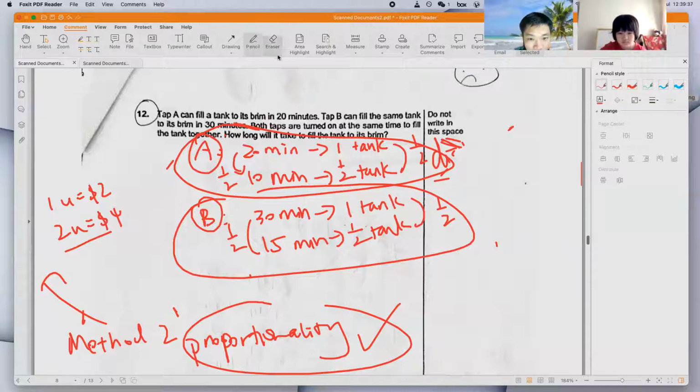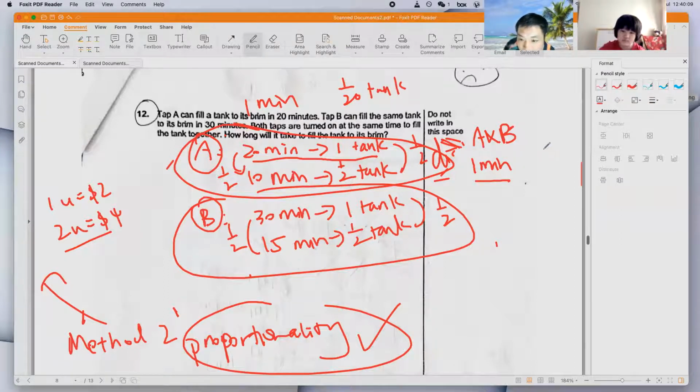So what I'm trying to say is 20 minutes is one tank for A, and 30 minutes for B is one tank. So after 1 minute, A and B together, what is the amount of the tank filled? Which is very simple. 20 minutes is one tank, so 1 minute for A is 1/20 tank.